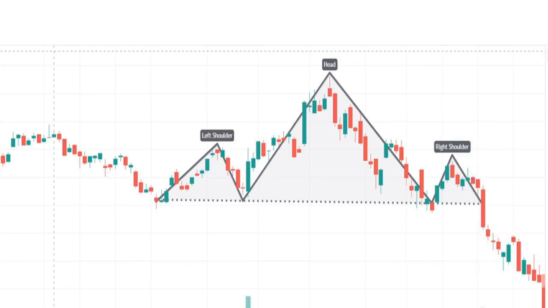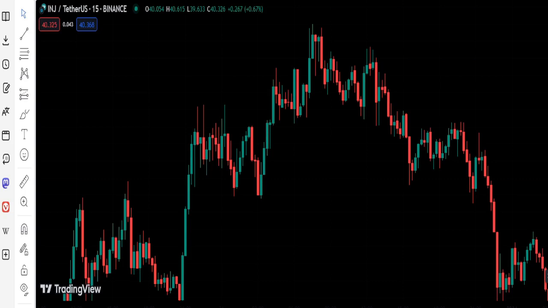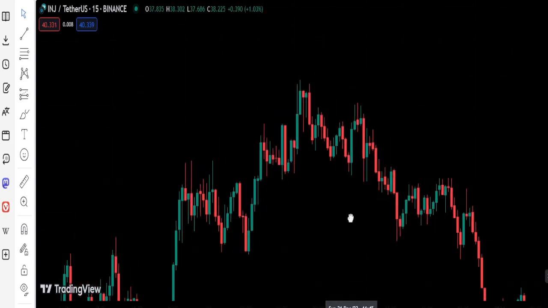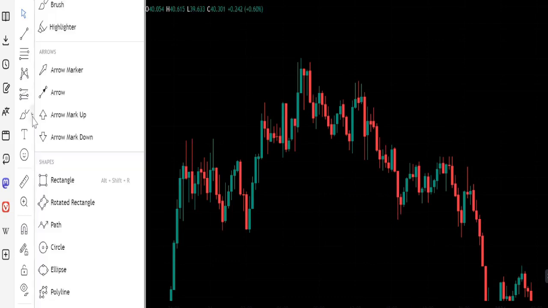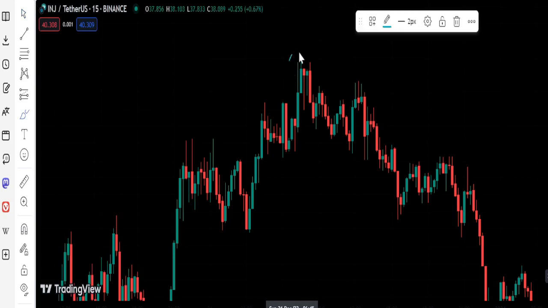Now let's see another example of a head and shoulders. Once again, here is an example of our head and shoulders pattern, and if we consider this as our head, then this is our shoulder, right?